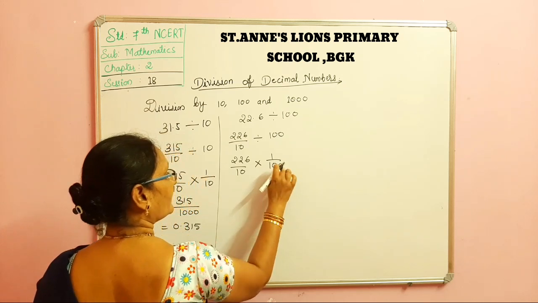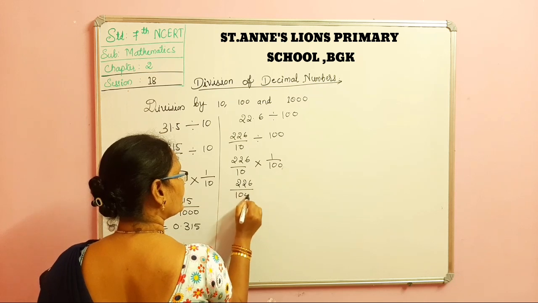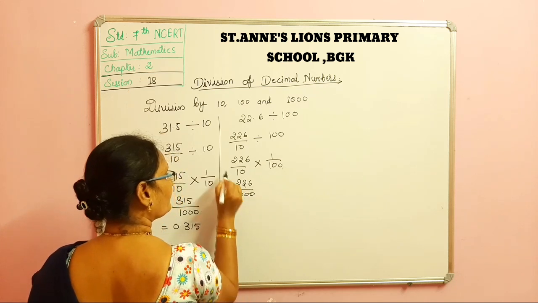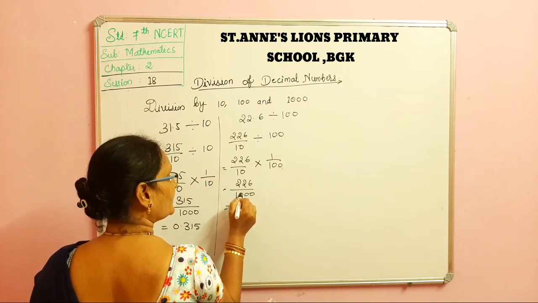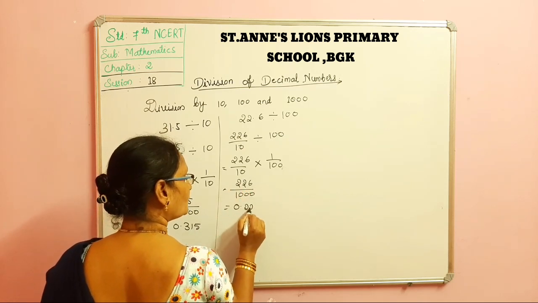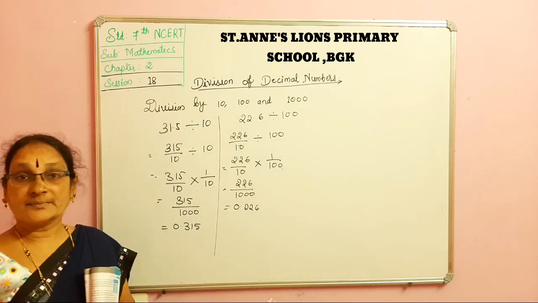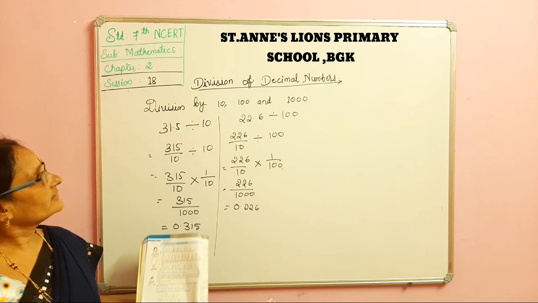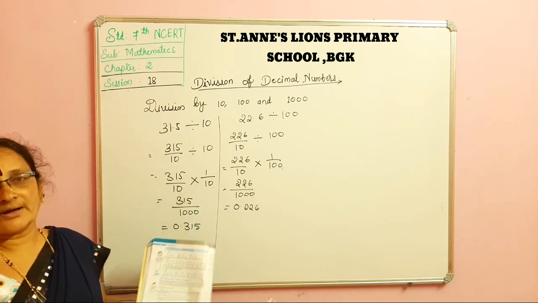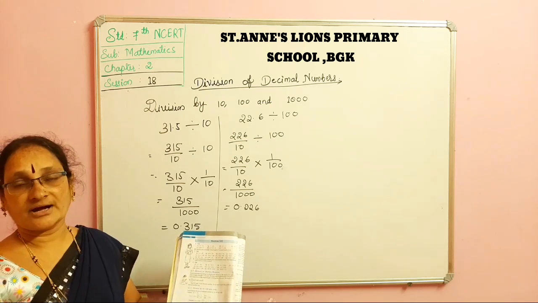So 226 by 1000. This has 3 zeros, so we have to leave 3 places: 0.226. So this is the method of dividing decimals by 10, 100 and multiples of 10.